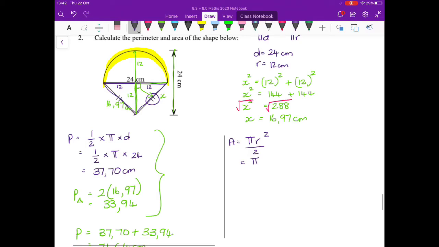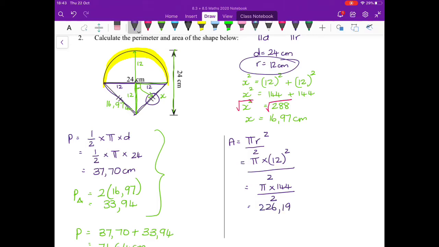So the area is going to be pi times 12 squared over 2, which will equal pi times 144 divided by 2, which is going to give me 226.19. Area is centimeters squared, so I'm going to write centimeters squared.